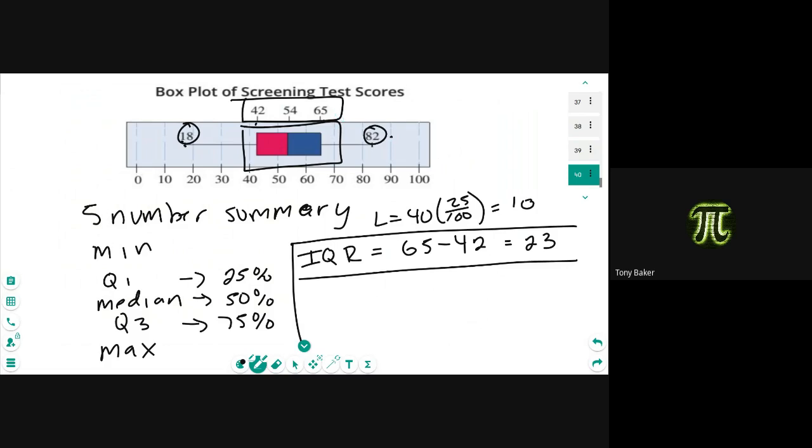Because outlier really matters with this. So your outlier is 1.5 times your interquartile range.